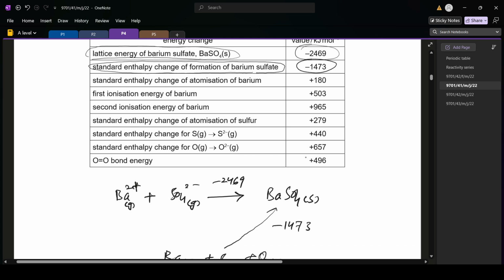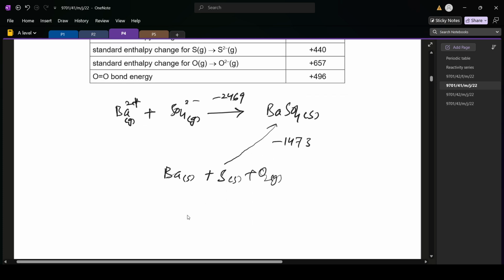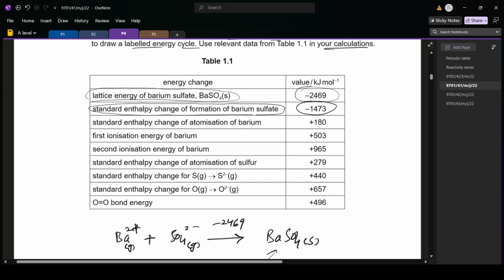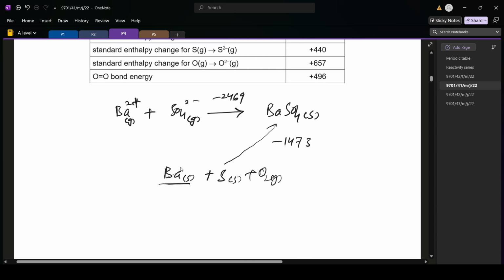Now moving forward, you have to change this solid barium to gaseous barium 2 plus ion. Firstly, we will change barium into the gaseous state.